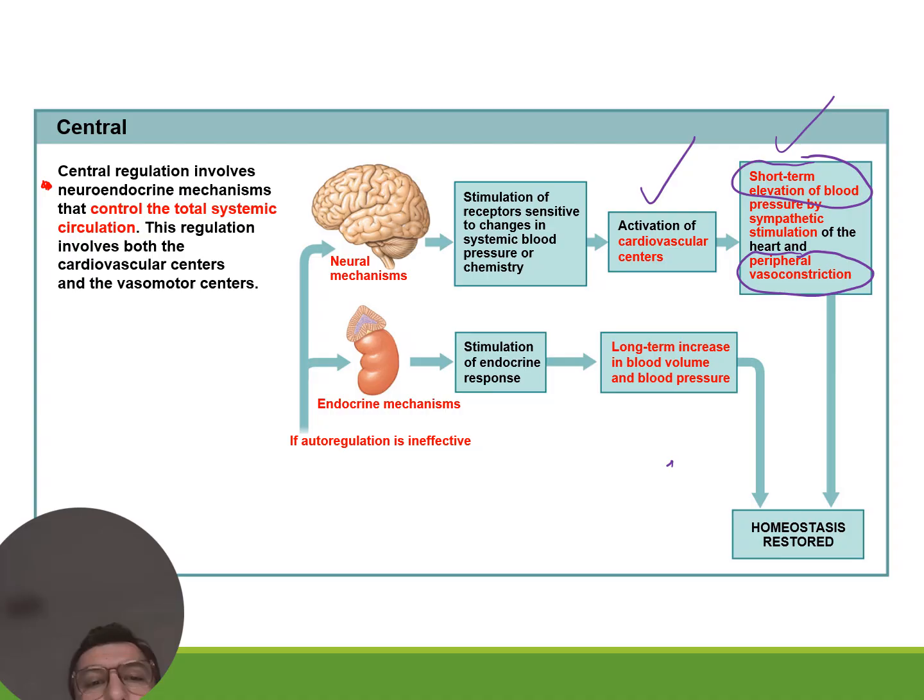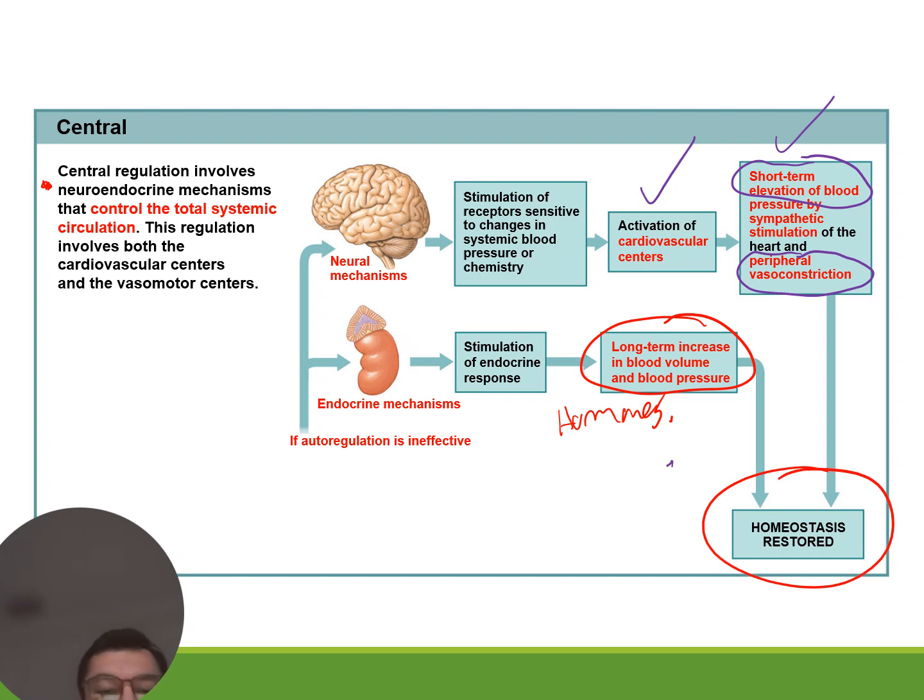When the kidneys are receiving less perfusion, we have a release of hormones that then act on themselves to increase blood volume and therefore increase blood pressure. And this is to restore homeostasis and increase blood flow to the areas that are needed.